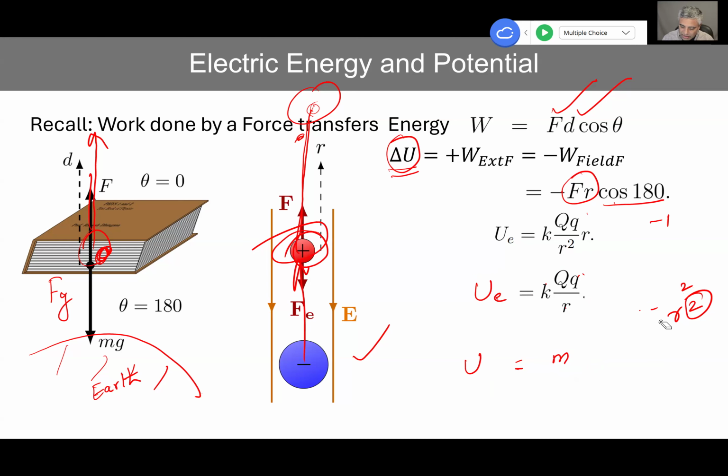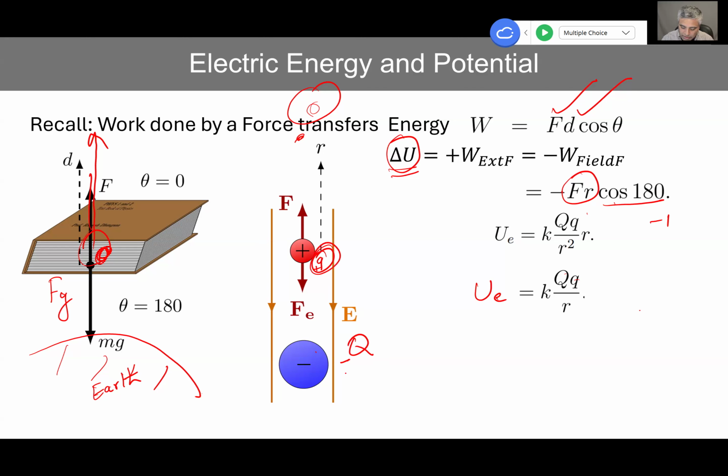So now, what happens? Electric potential energy can be positive or negative, just like gravitational potential energy. We don't need to worry too much about it. If we plug in the signs of these two charges, that's going to give you the correct sign of the potential energy. For example, in this case, let's say this Q is positive and this Q is negative.